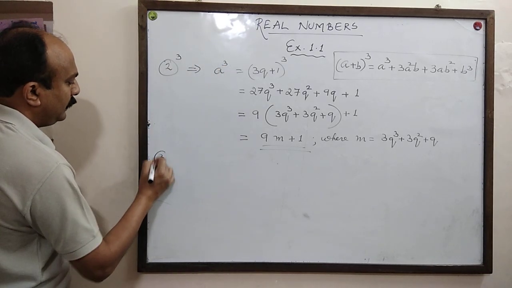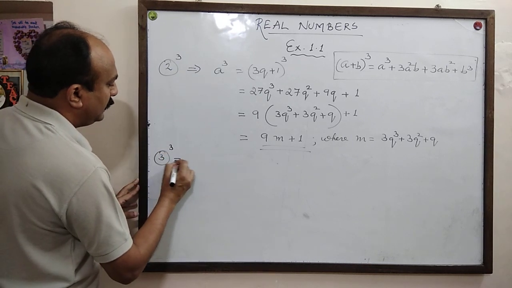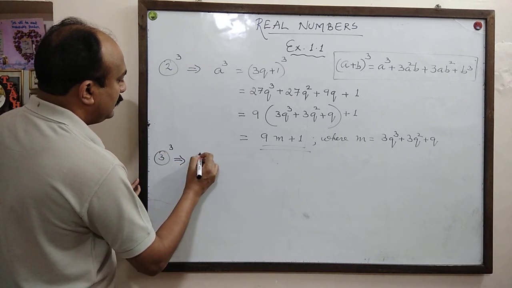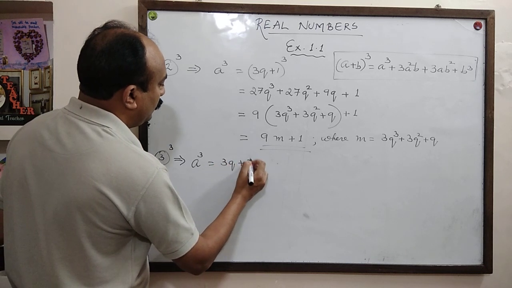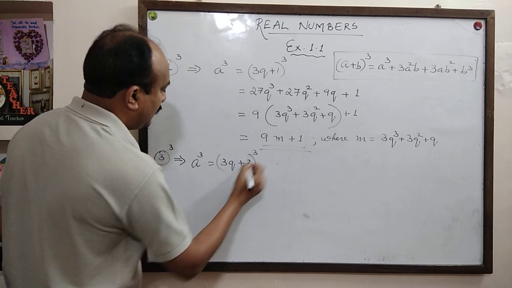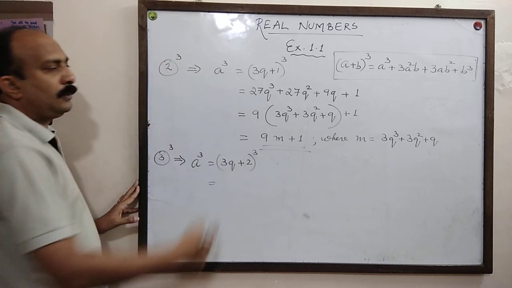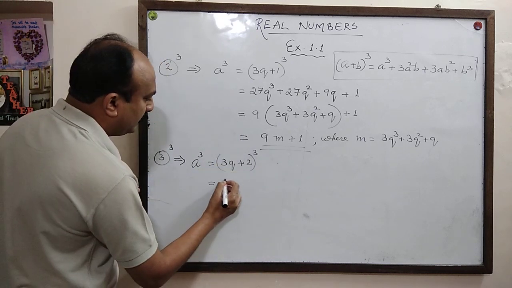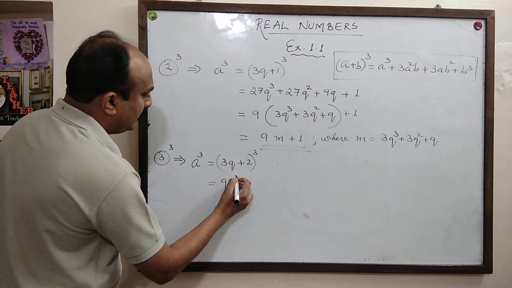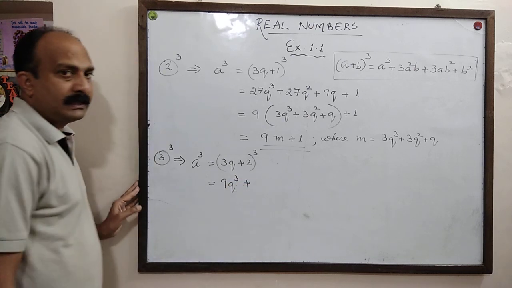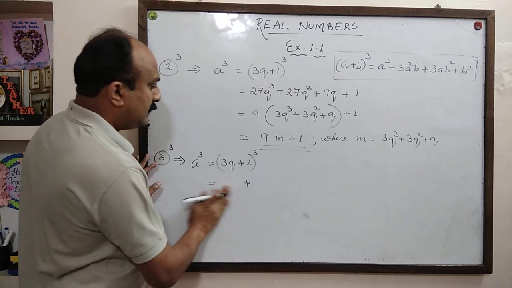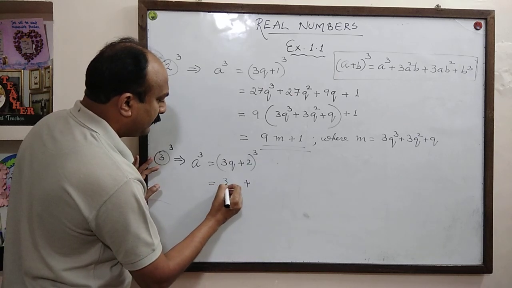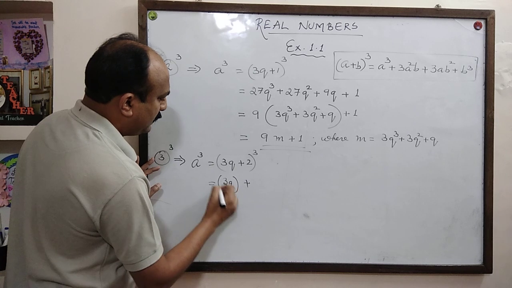And now I am doing equation number 3 the whole cube. That is a cube is equal to (3q plus 2) the whole cube. Once again, (a plus b) the whole cube. Since the numbers are more, I am taking one more step.